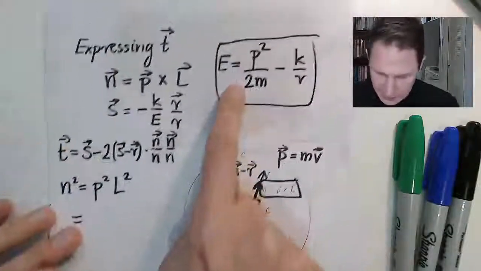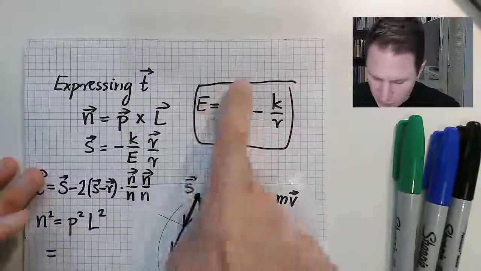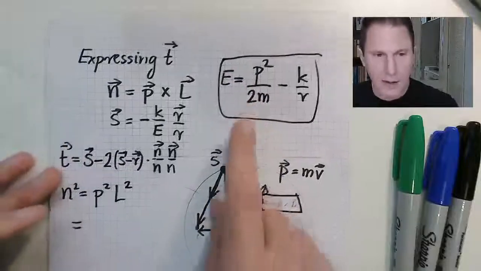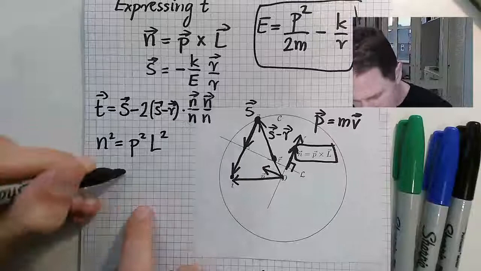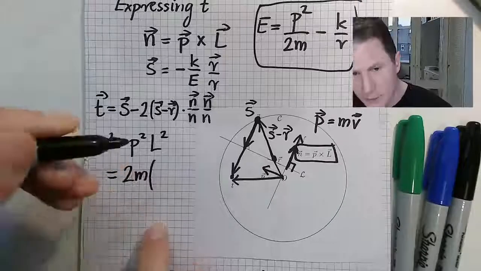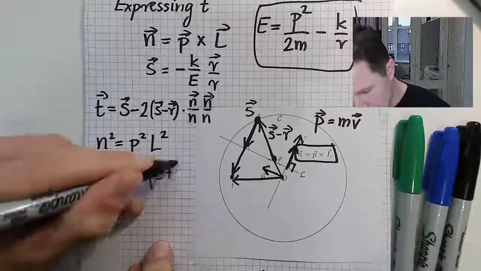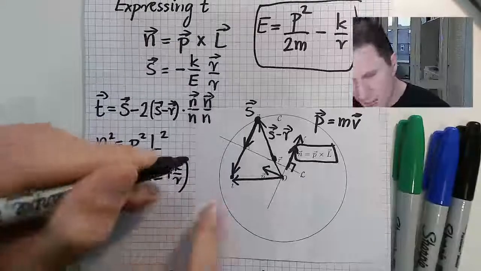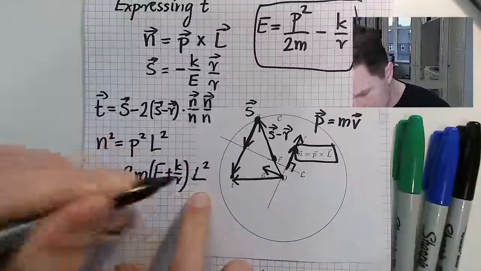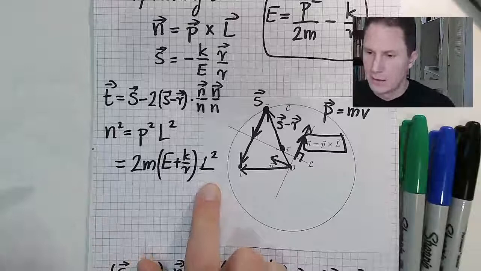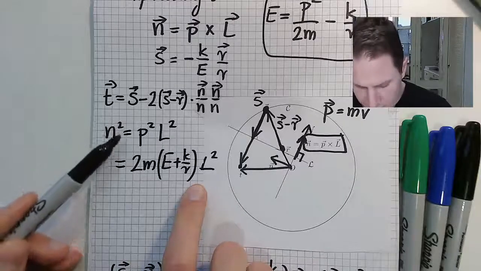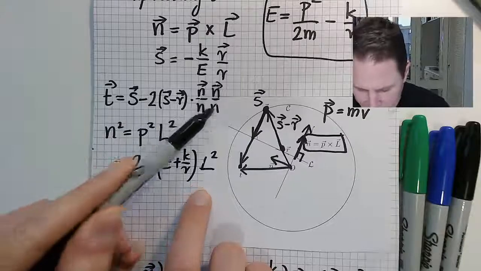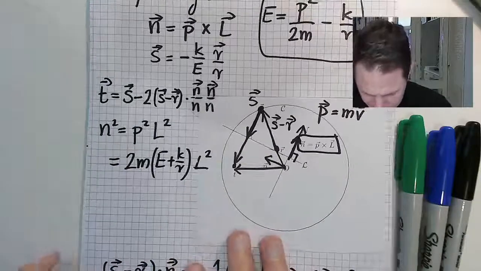If I do that, I can express p squared from this equation, and what I'm going to get is 2m times e plus k over r times L squared. So this is what I get for my normalization constant, this n squared that I have to divide by.